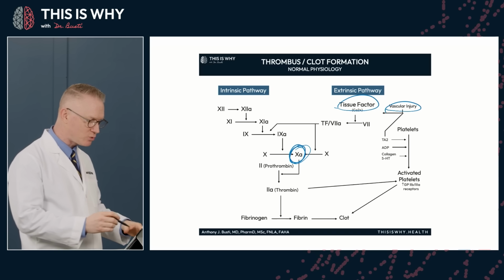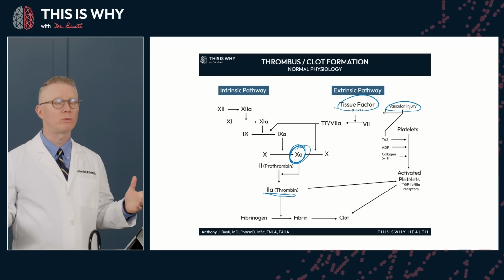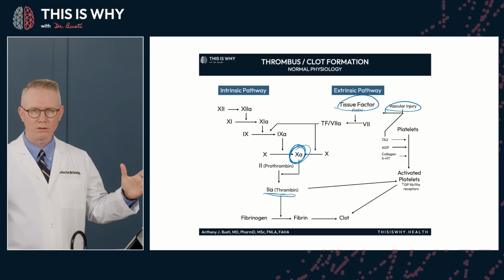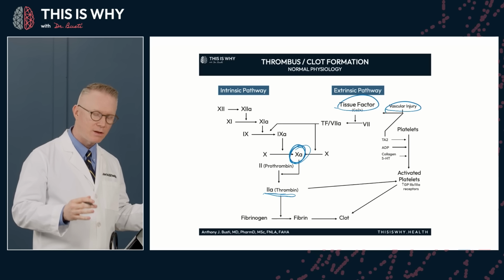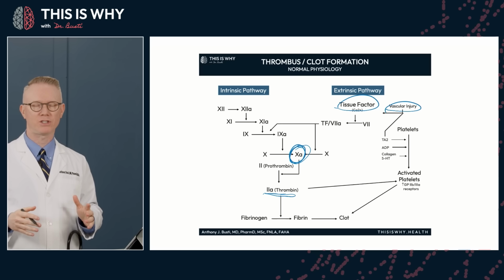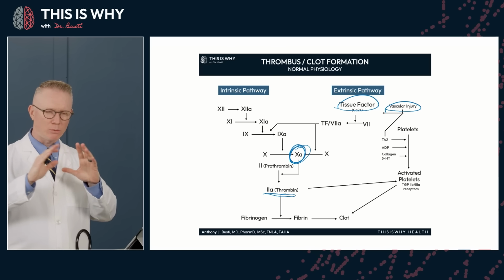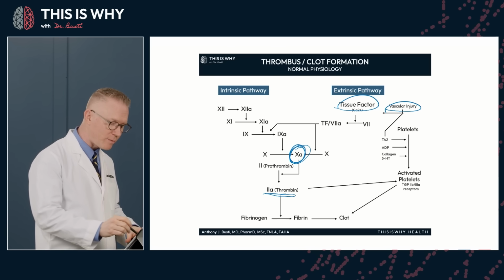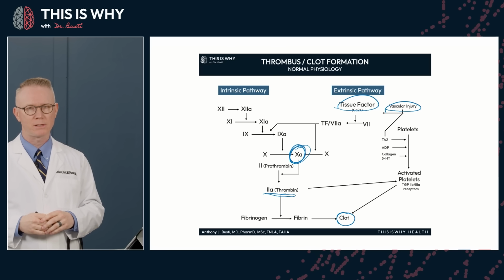And then 10A is what converts prothrombin to thrombin, factor 2. So remember that 10A to 2 inhibition, those are the two clotting factors that we are interfering with. Now, if you don't fully understand the coagulation cascade, I do have a lecture that covers the basics and helps you to really understand what's happening in this cascade to solidify the formation of a clot, also termed thrombus.